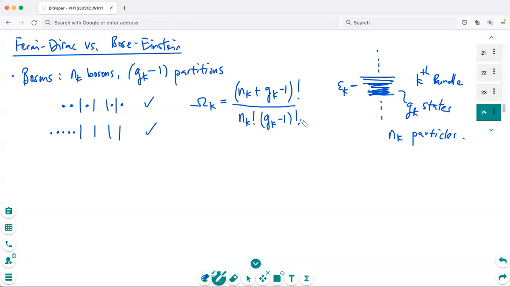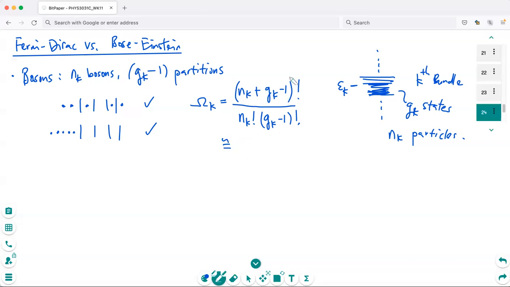What is new? So what is new is the following. For bosons, you pretty much have to stop here. You cannot assume anything about the number of particles relative to the number of energy states. You don't know the relative size between NK and GK. So you cannot make that dilute limit approximation. The only thing you can do is make a big number approximation.